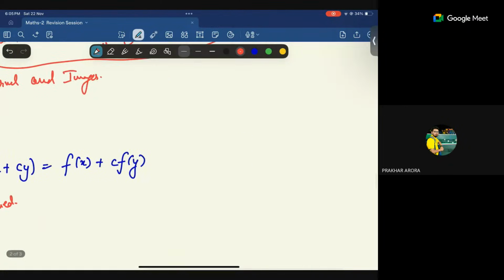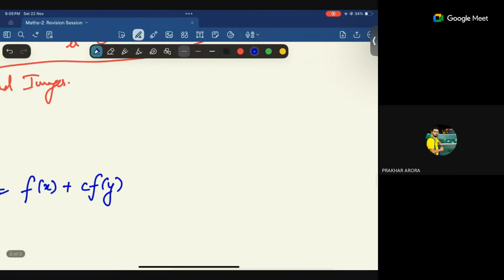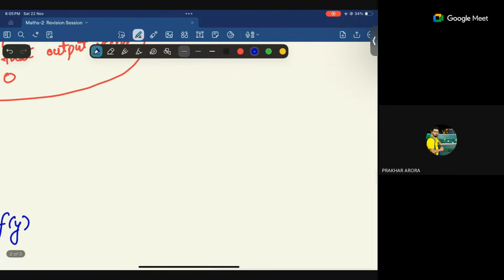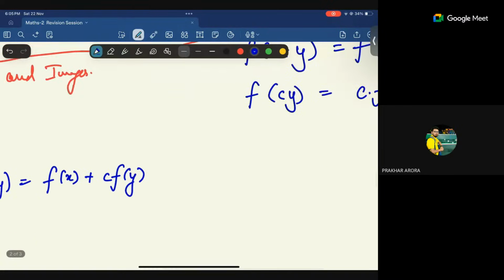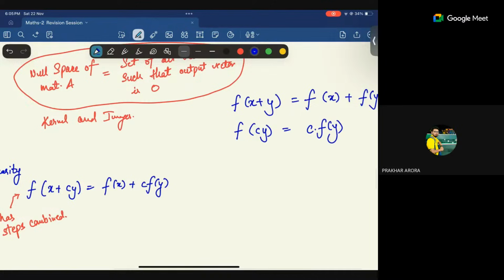Instead I stick to this definition: f of x plus y is equal to f of x plus f of y, and f of cy is equal to c times f of y. These were the two things hidden inside here.